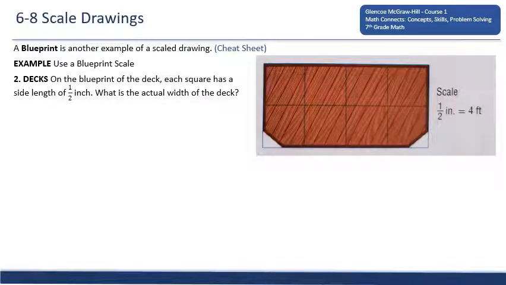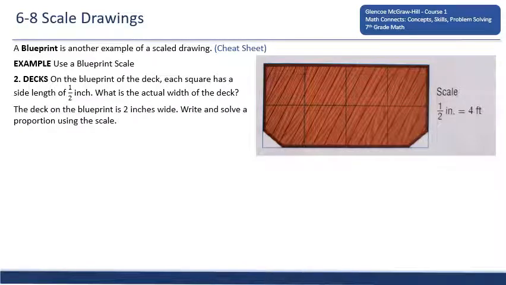Number 2, decks. On the blueprint of the deck, each square has a side length of 1/2 inch. What is the actual width of the deck? So how many squares do we have across? We have 4. So the deck on the blueprint is 2 inches wide, and we need to write and solve a proportion using the scale.